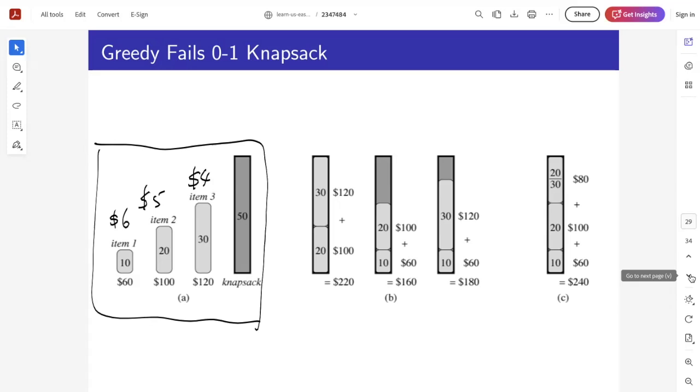So then according to the greedy choice, we are going to put item 1 first into the knapsack, which is this.